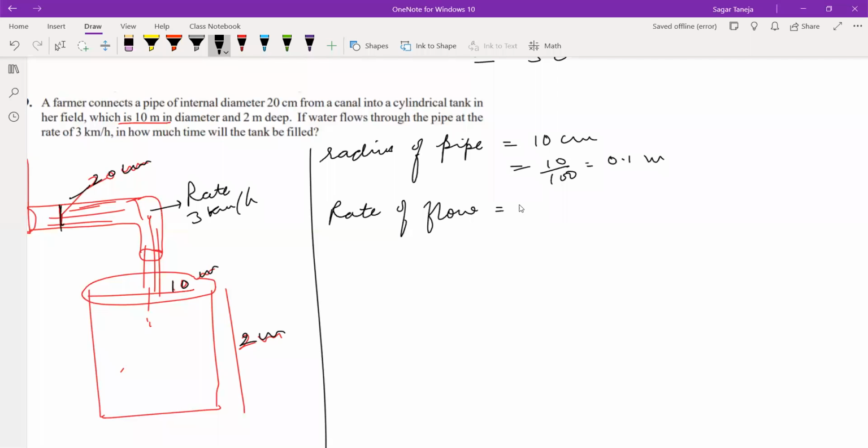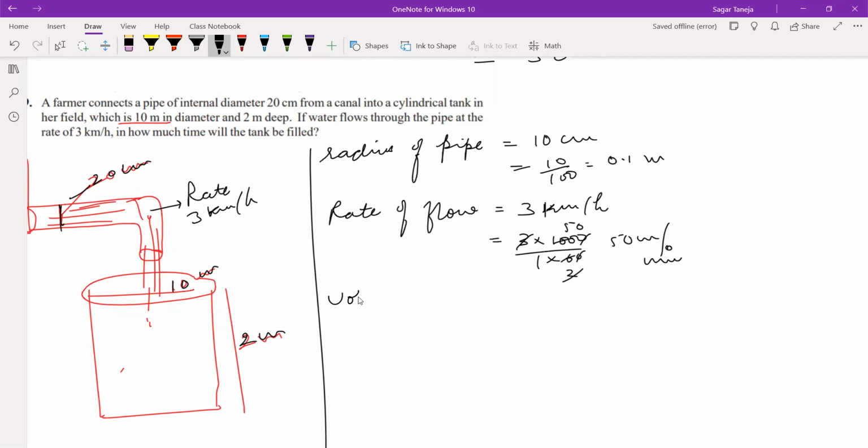How? To see, it is 3 km per hour. It can be converted into meters and that per minute. So it is 50 meter per minute.